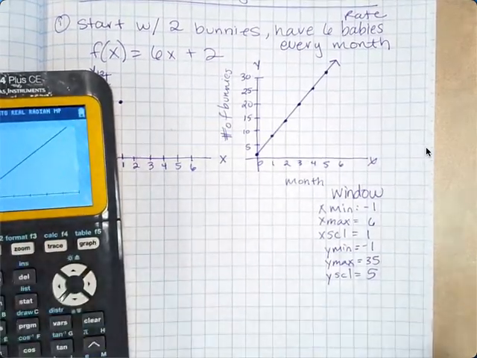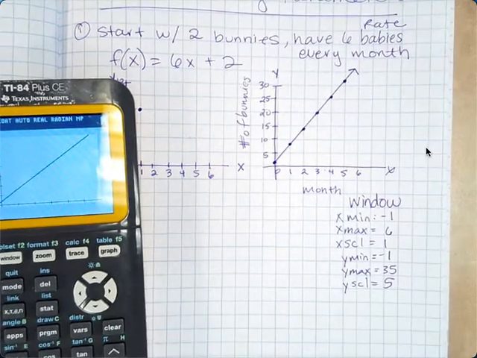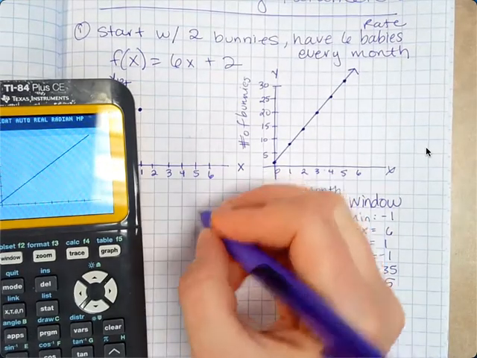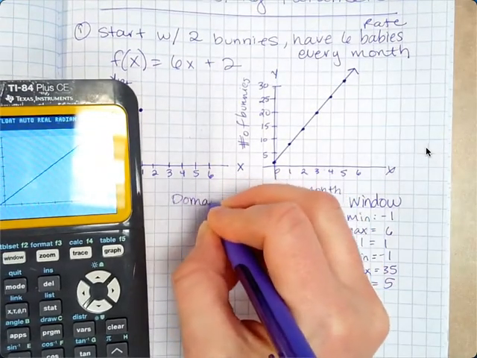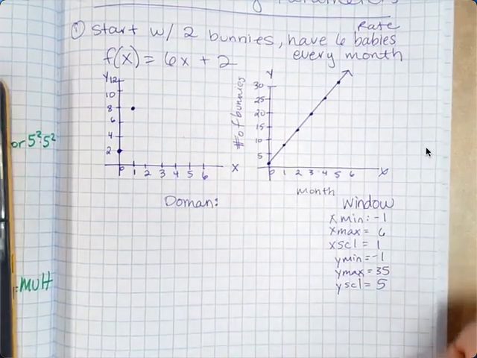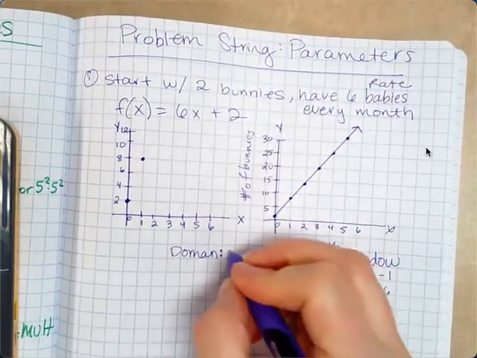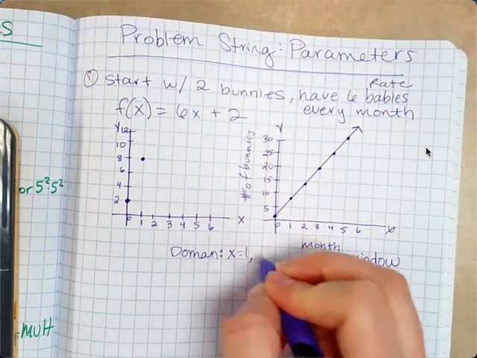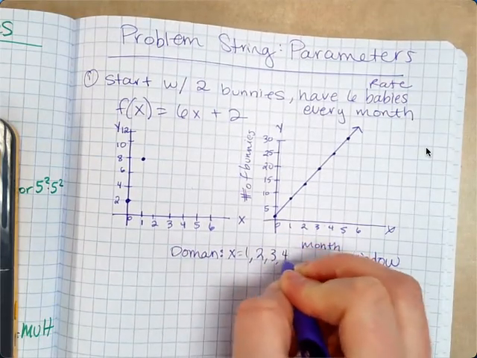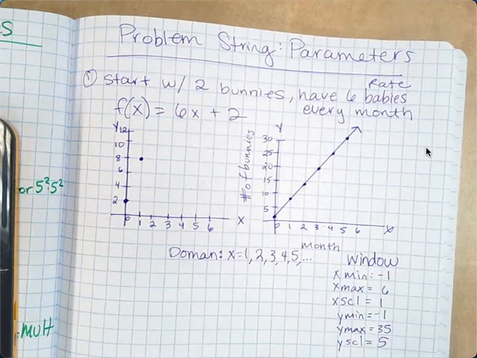Okay, so what we're really doing when we change our window, we're thinking about domain and range. Do y'all remember those? What was our domain? X values, right. So what were our X values? X equals 1, 2, 3, 4, 5, and so on.